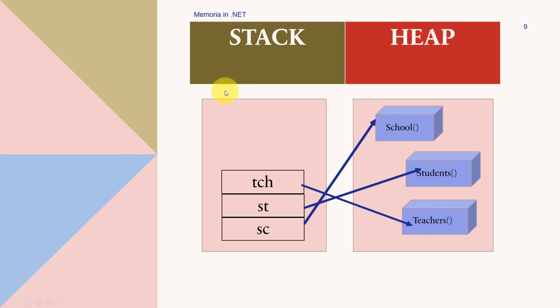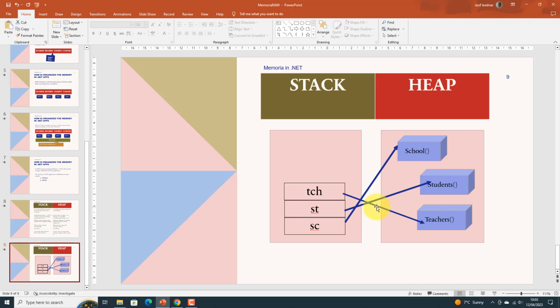For example, this reference variable becomes null. That means this reference here will disappear, and now this object is unnecessary, useless here inside this heap memory, because it's not referenced anymore by any reference variable.